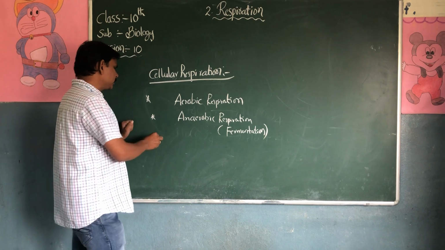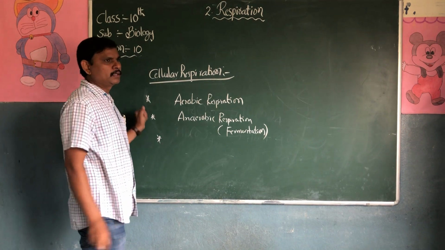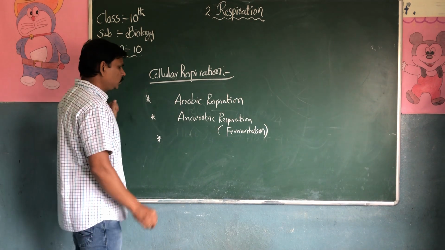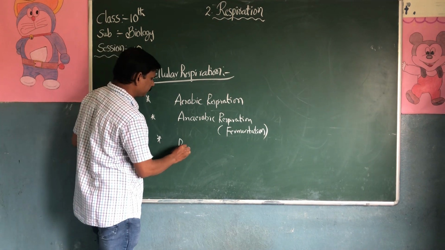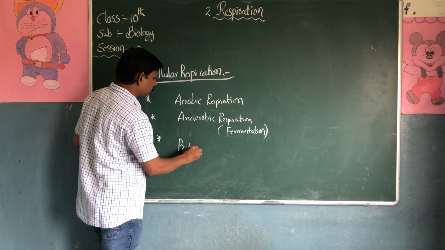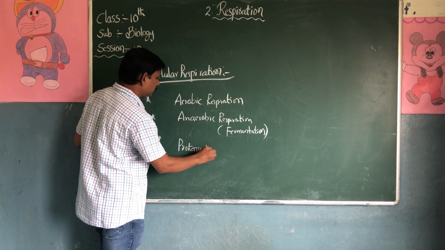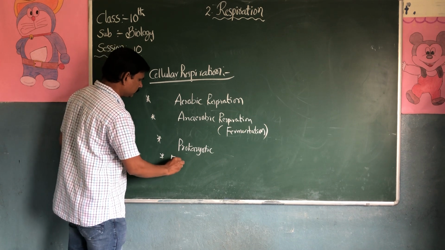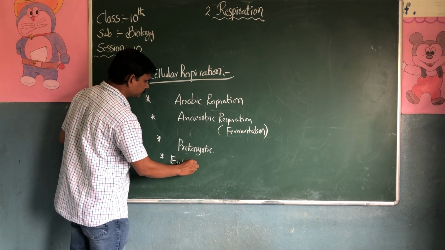There are two types of organisms: prokaryotic and eukaryotic.